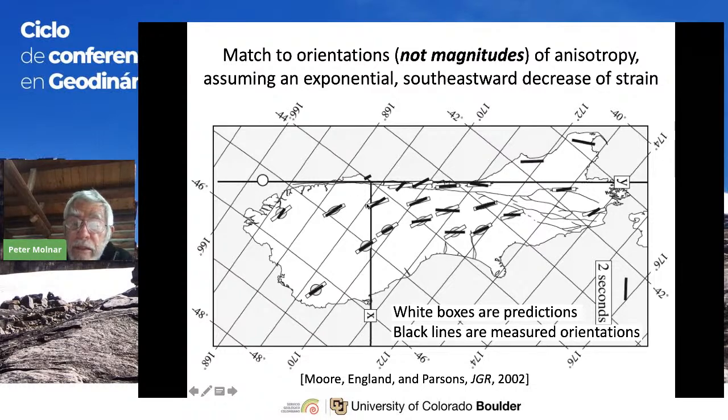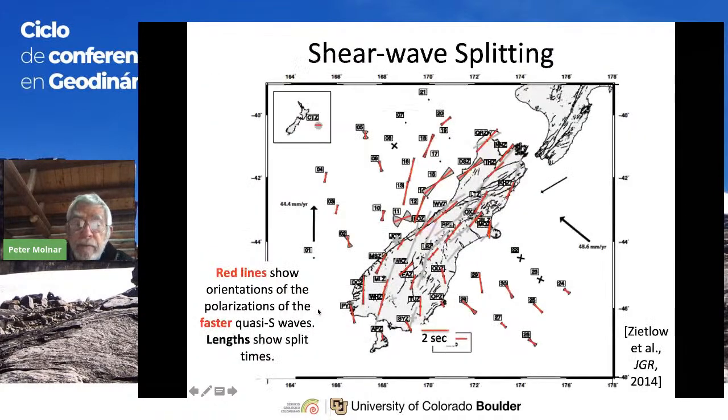At most of these sites, not all of them, that's not such a good fit. That's a poor fit. In fact, that's a good fit. Pretty good fits in here, a poor fit in this case. So I want to leave you with that: the match of the orientations, not the magnitudes, of the anisotropy, assuming an exponential southeastward decrease of strain. They've assumed it decreases away as the GPS suggests it does.